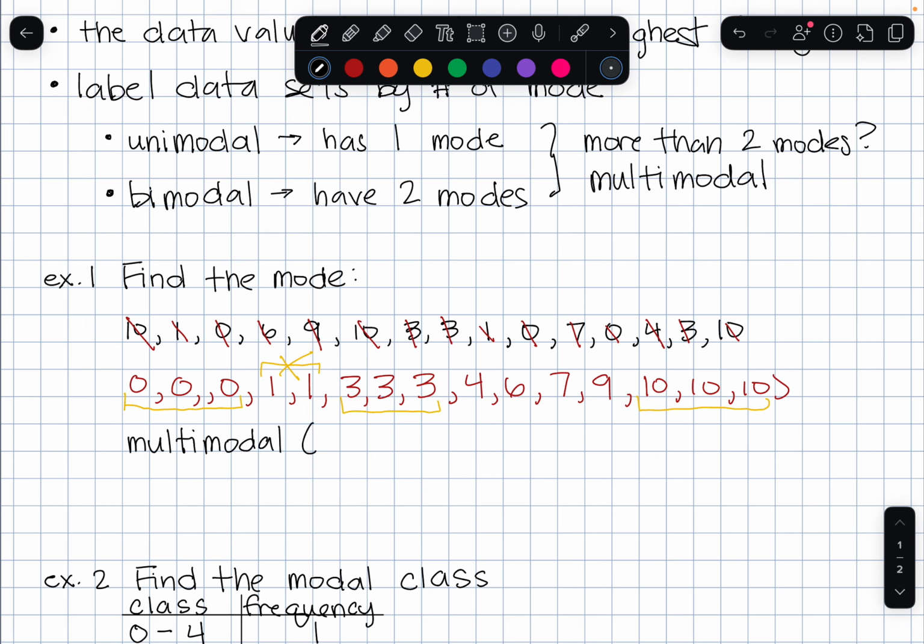We could call it trimodal, with modes at 0, 3, and 10. So when I graph this, I expect to see 3 peaks of the same height in my graph.